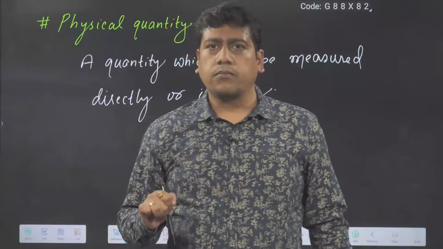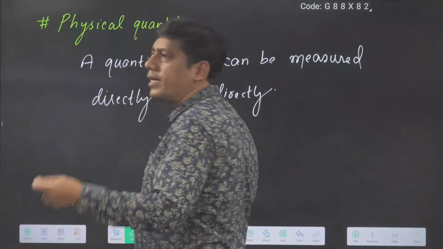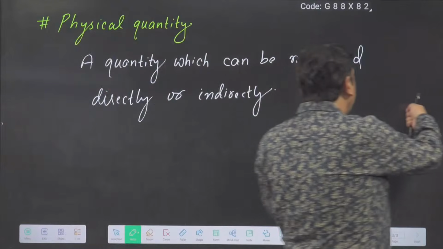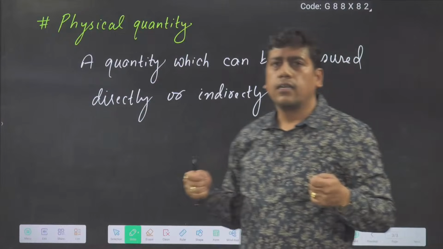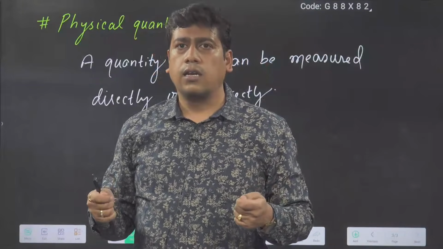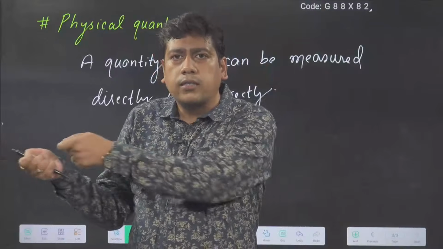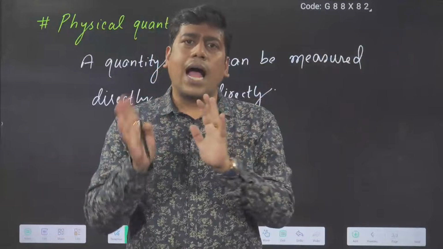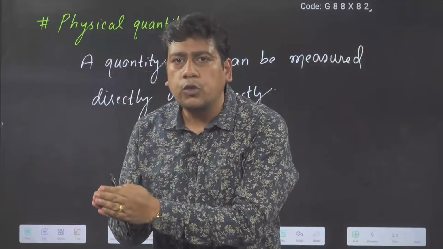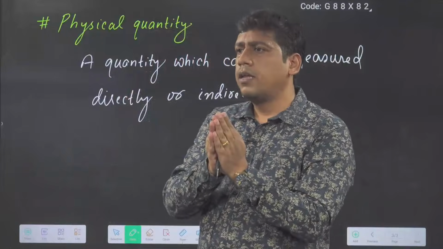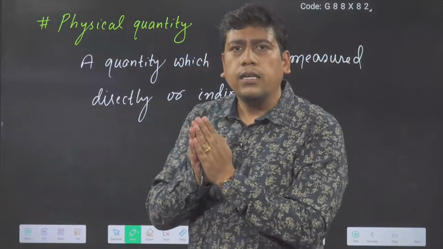Like length: you take a tape, hold one end here, another end there. But to measure the distance between earth and the sun, will you take a tape and start going towards the sun? No. So it can be measured directly with an instrument or indirectly with the help of some experiment or formula. I hope you understand this point.